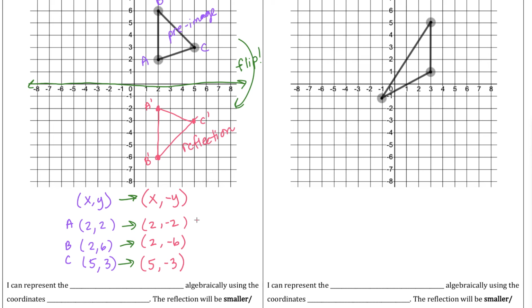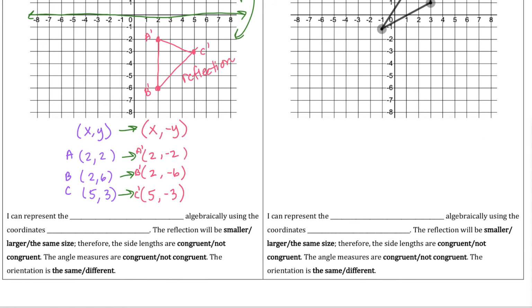Now let's see if these match up. Oh, I forgot. A prime, B prime, C prime. So 2, negative 2. 2, negative 2. Good. 2, negative 6. 2, negative 6. Good. 5, negative 3. 5, negative 3. Okay, it's good. So we are reflecting, so I can represent the reflection.